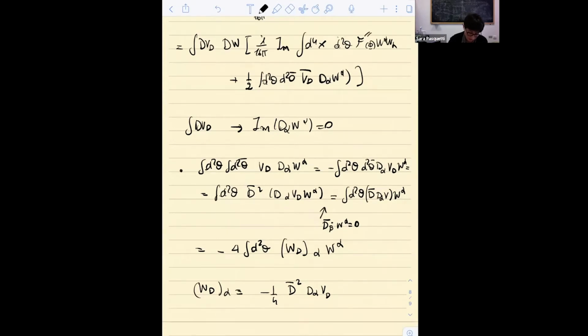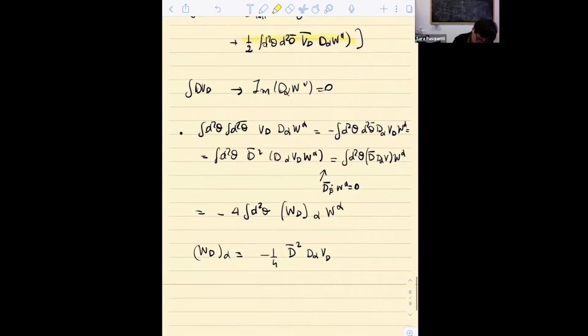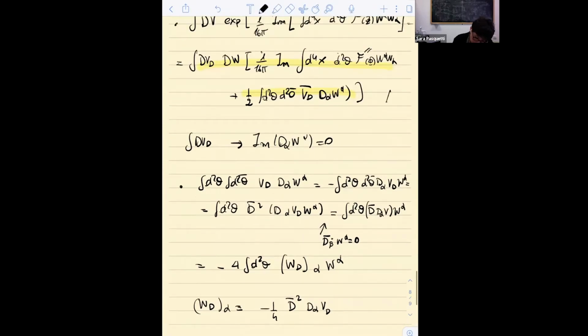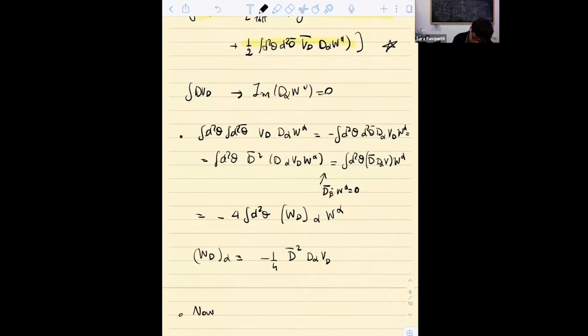So you see, if we go back here, if we do the integration over V dual, we go back to the original action, but now instead we want to go back to star and do the integral over dW.